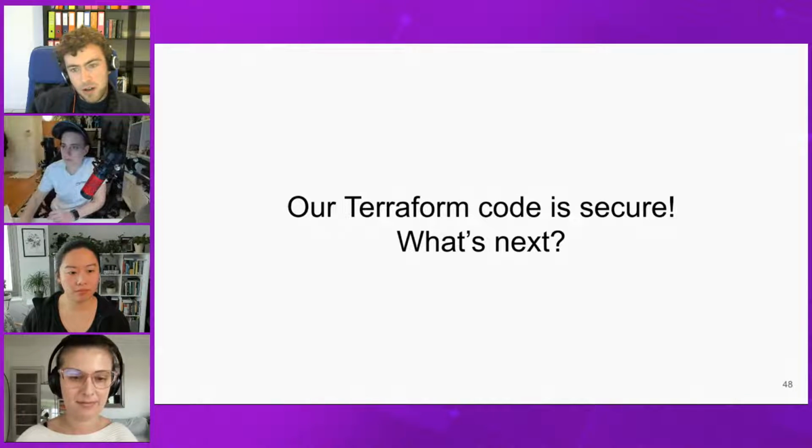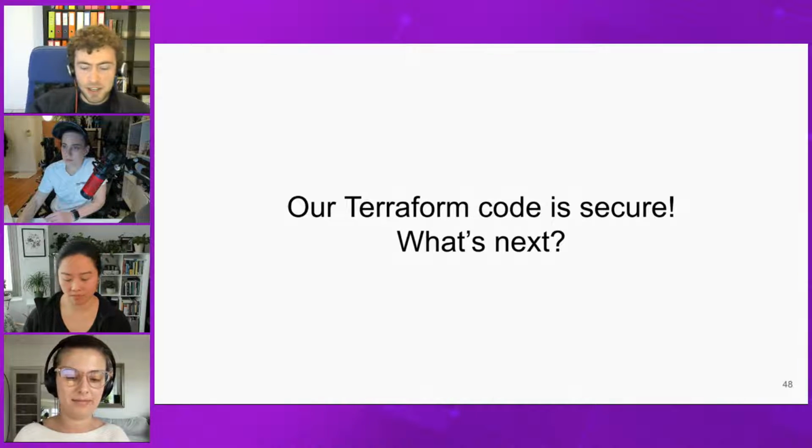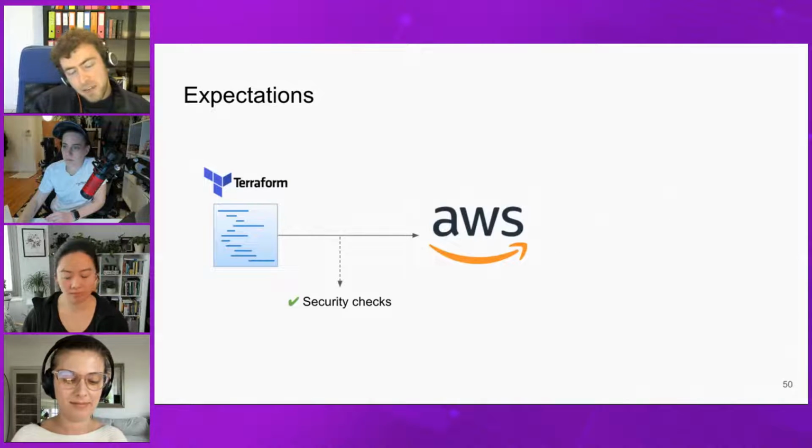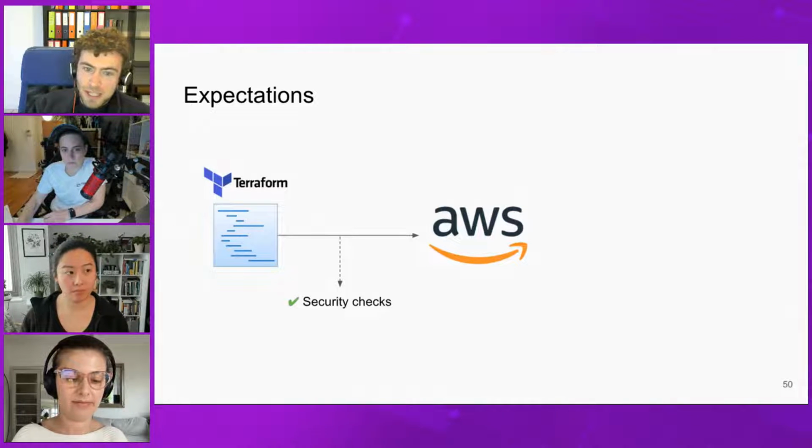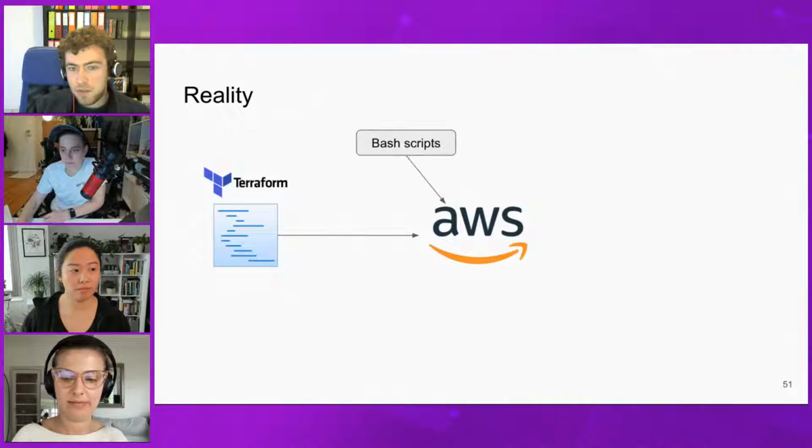Are we secure? Can we call it a day and just say that security is a success? In terms of expectations, this is our assumption, that we have Terraform deploying to AWS with security checks in line. This is a bit too academic, right? Because if you look at any production environment, you have something like this.